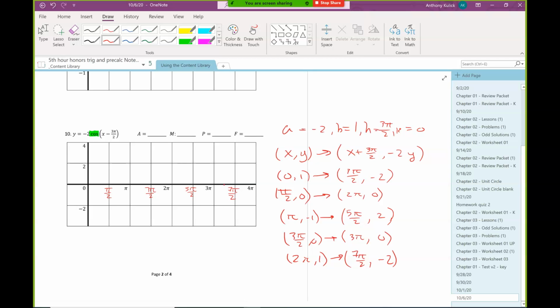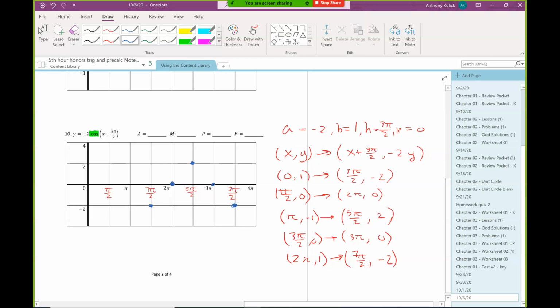And how I kind of just visualize that out? Okay. So if I start plotting then, 3 pi over 2, -2 is there. 2 pi, 0 is there. 5 pi over 2, 2 is there. 3 pi, 0 is here. And 7 pi over 2, -2 is here.